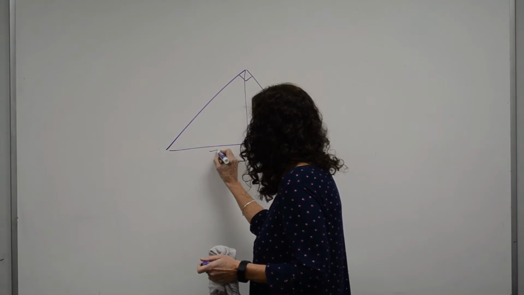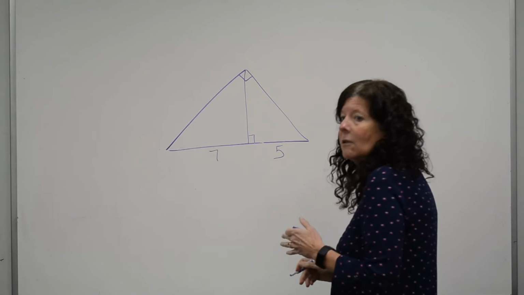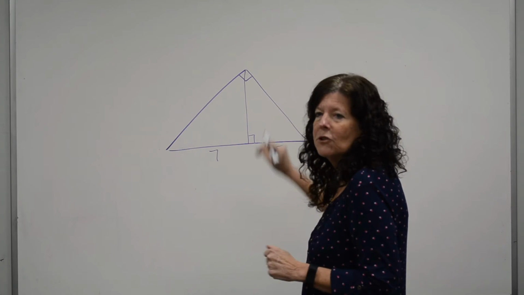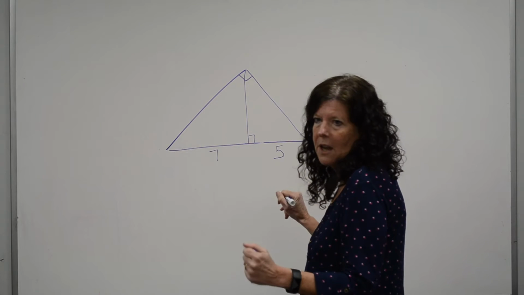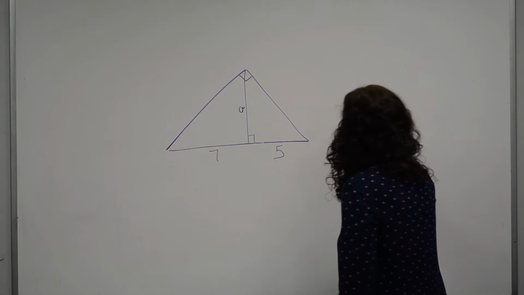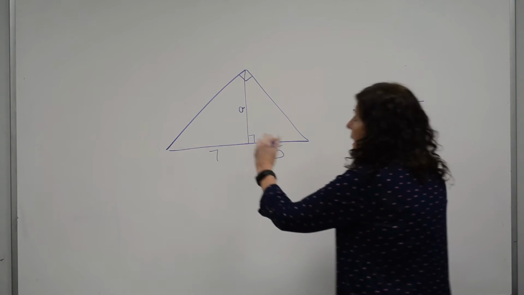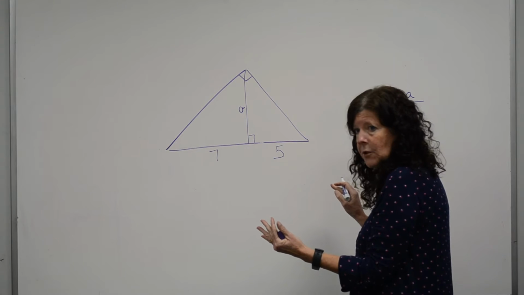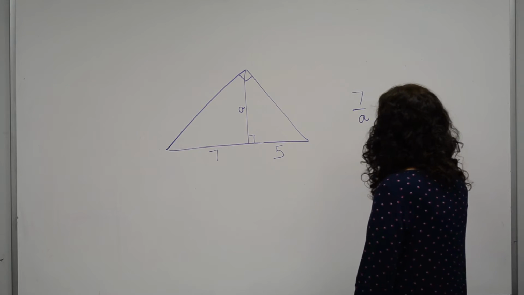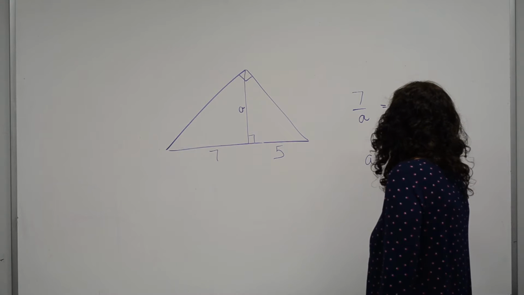Let's say this part over here is 7 and this part here is 5. The theorem said the altitude, given these circumstances, is the geometric mean between the 2 parts of the hypotenuse. So the altitude, let's call it a. I'm going to put that in the geometric mean location. It says the altitude is the geometric mean between the 2 parts of the hypotenuse, 7 and 5. Cross product, so I have a squared is equal to 35.